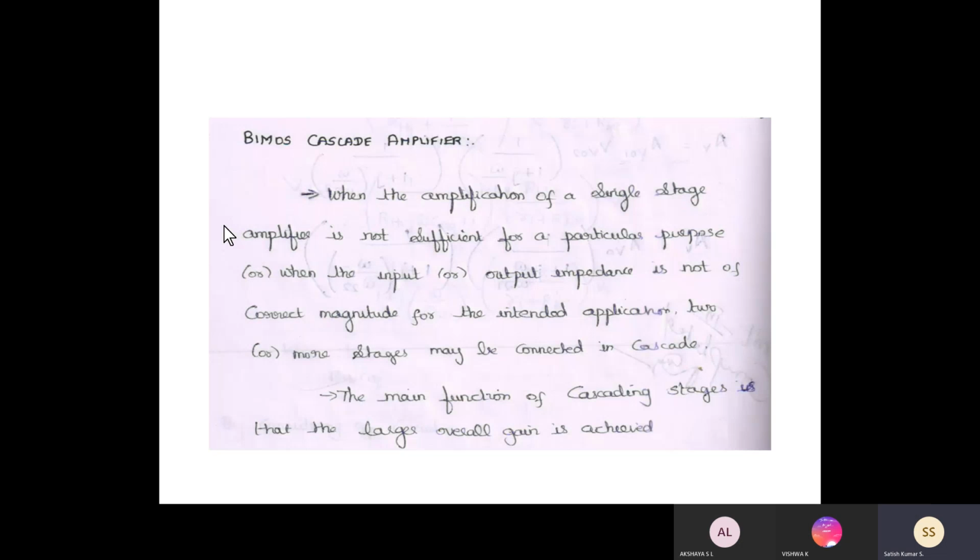That's why we go for one more amplifier stage, connected in series, cascaded with the first stage. That is a cascaded amplifier. The main function of cascading the stages is that the overall gain is increased, and I achieve the required level. So the gain of your overall stage will increase.